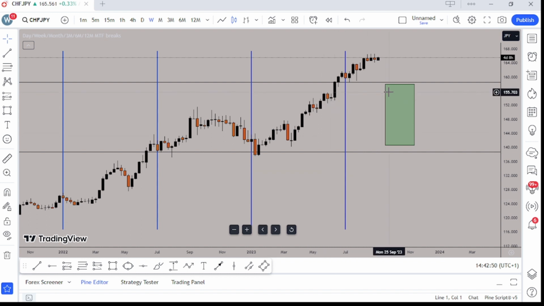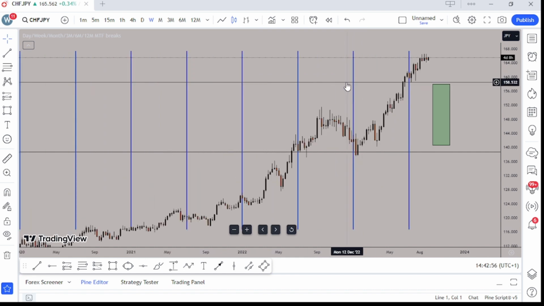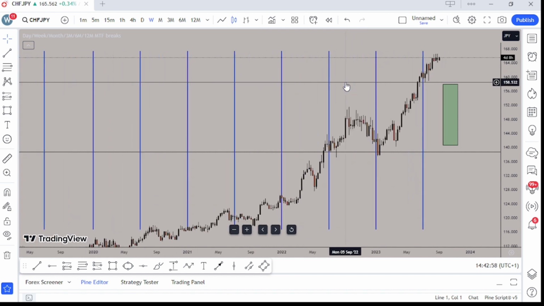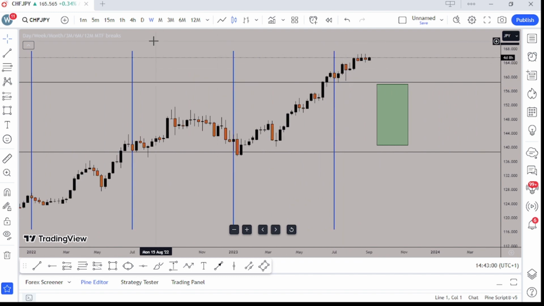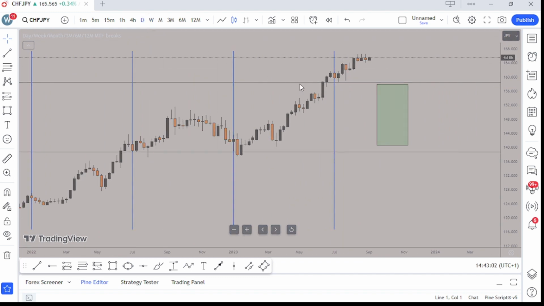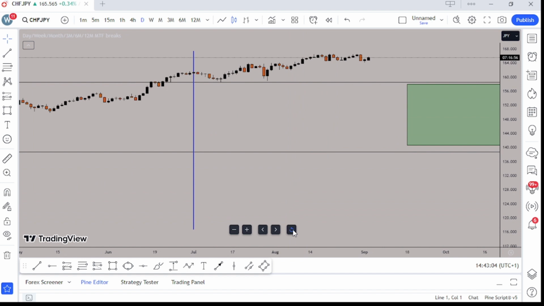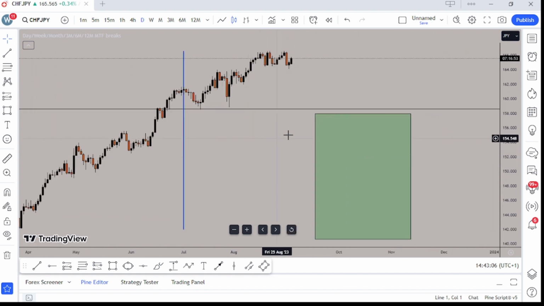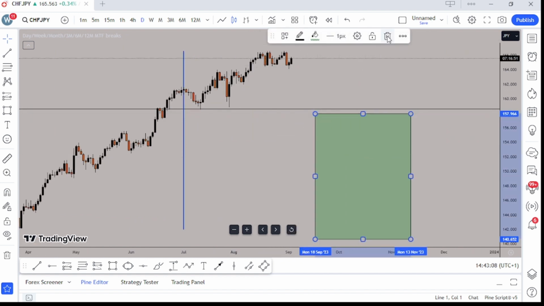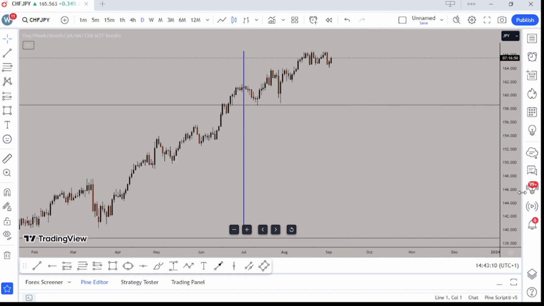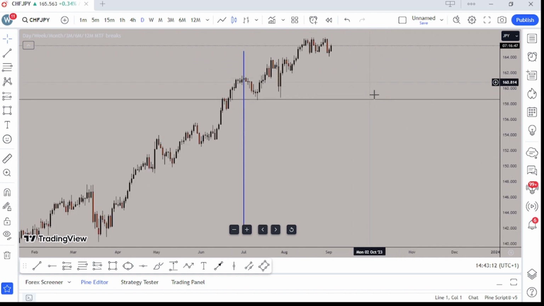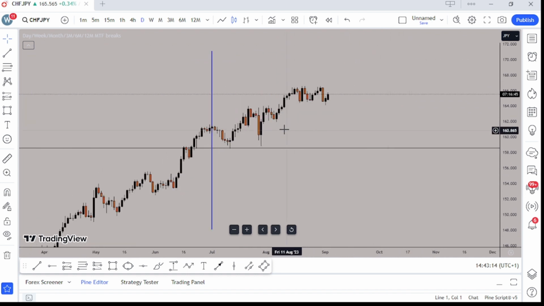Now when the new one opened, what happened? This support, wait, did something happen at that junction? Got it here. From this point, something happened.